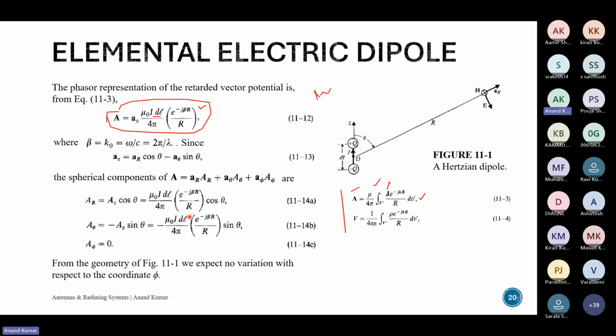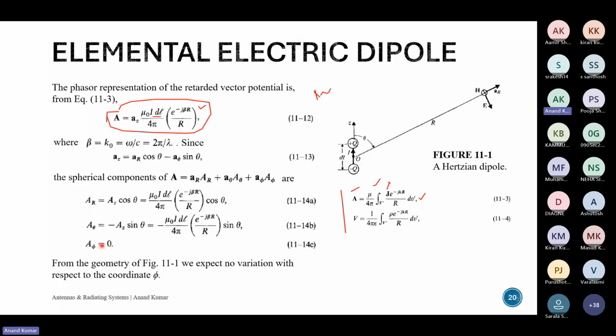Using the conversion table, which you might find on the internet or in textbooks, you can easily write AR, the radial direction in the spherical coordinates, as AZ cos theta, A theta as minus AZ sine theta, and A phi as 0.